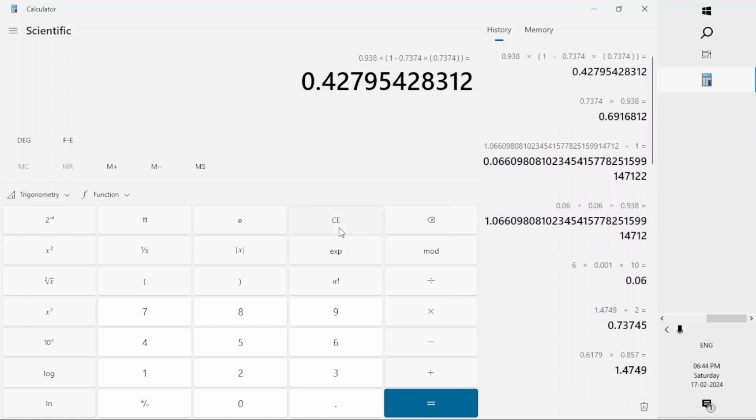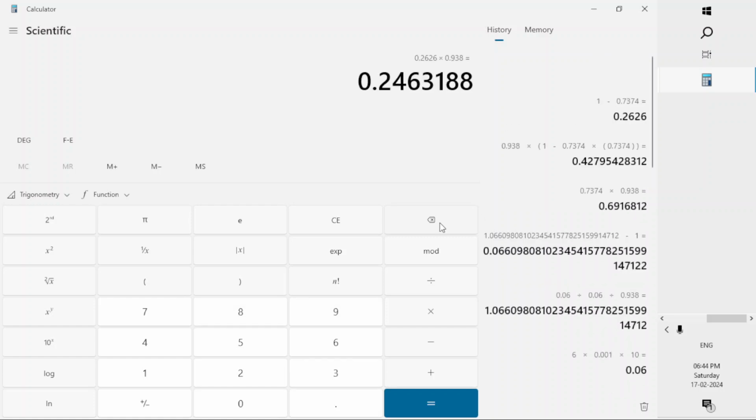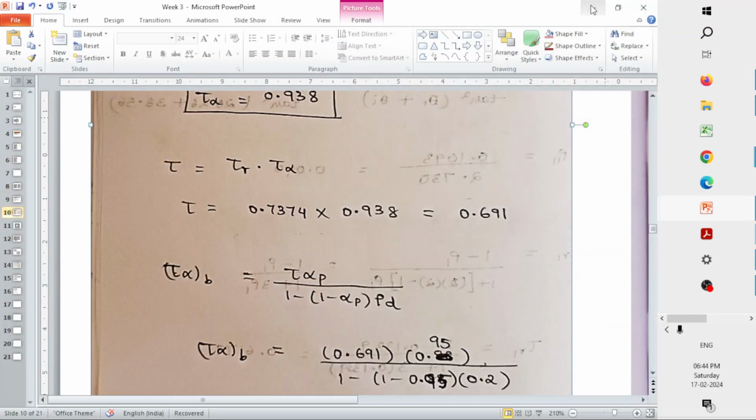No, this is wrong, sorry. Your 1 minus 0.7374 is 0.2626. So 0.2626 into your tau alpha, that is 0.938, gives 0.24. So that's what we have taken.